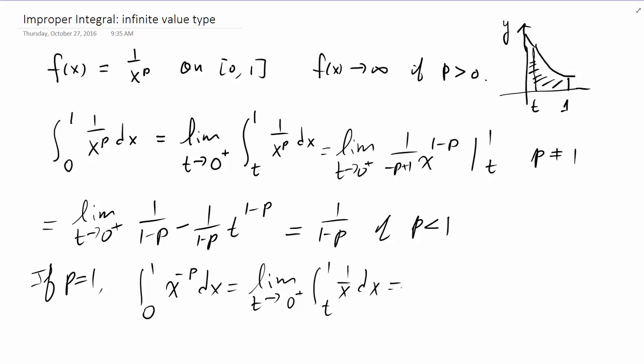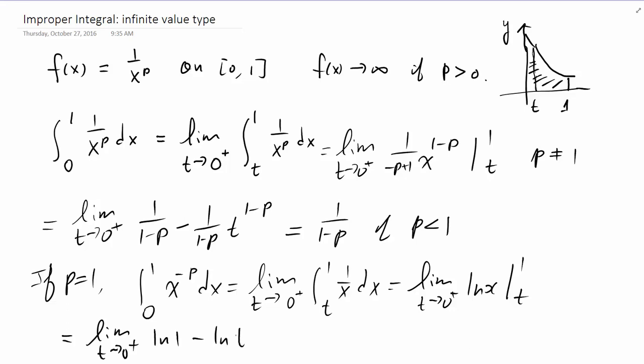We have the log, plug in 1 and t. So we have the limit as t approaches 0 of log 1 minus log t.